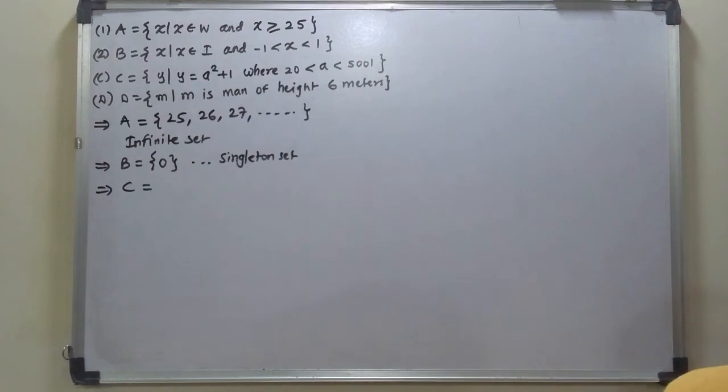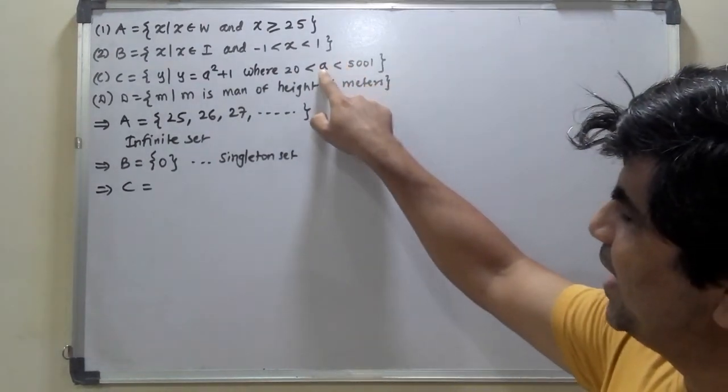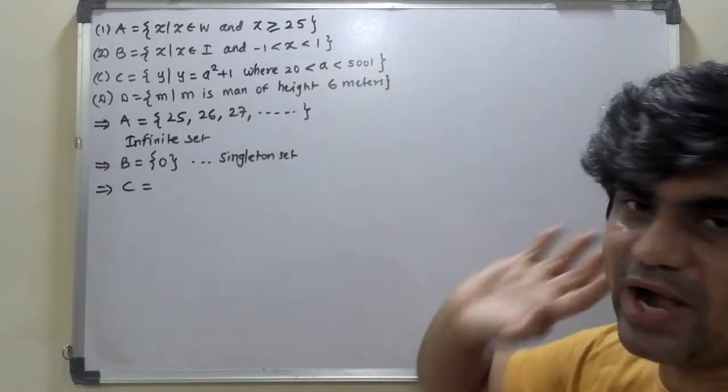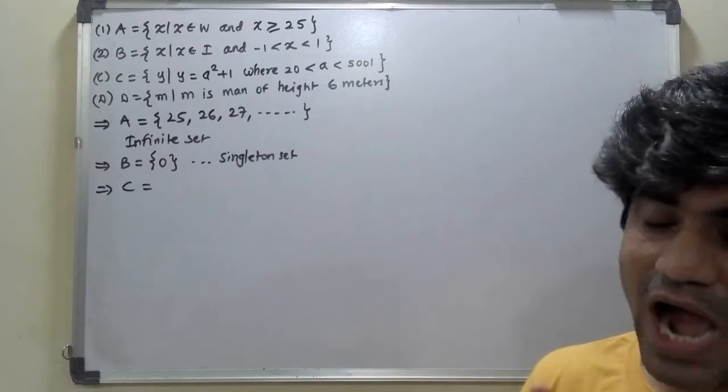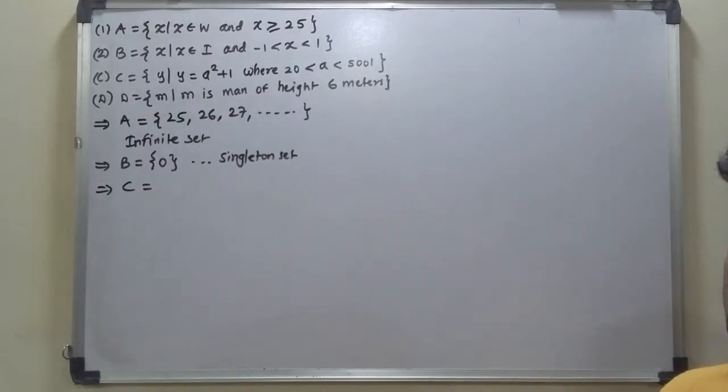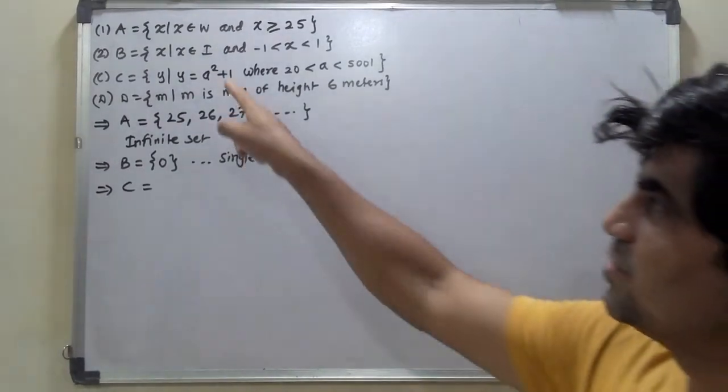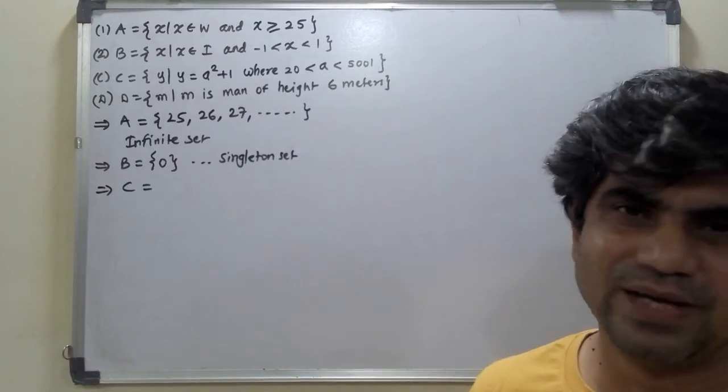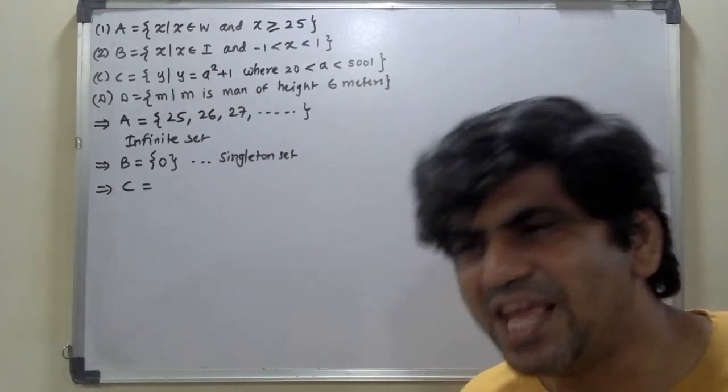Then what is a? a is any number which is greater than 20. So after 20 comes what? 21, correct? No, you are wrong. Here a is not specified to be a natural number, so it can be any value.